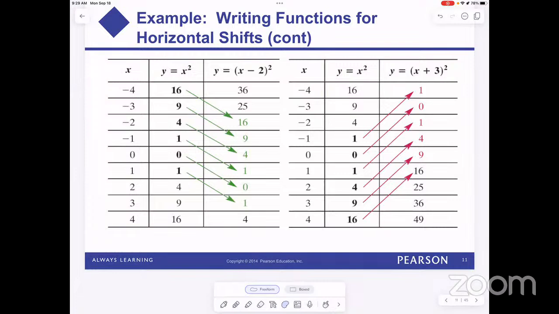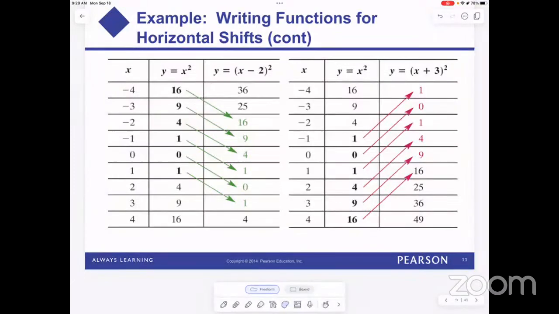Notice that positive x is to the right, and negative x is to the left, but we're subtracting a positive on the inside, so this actually goes to the right, which is the reverse of our intuition. You would think that it would move in a negative direction, but it actually moves to the right. Inside manipulations are typically the reverse of everything. It's going to be a horizontal change, and it's the reverse of our intuition.